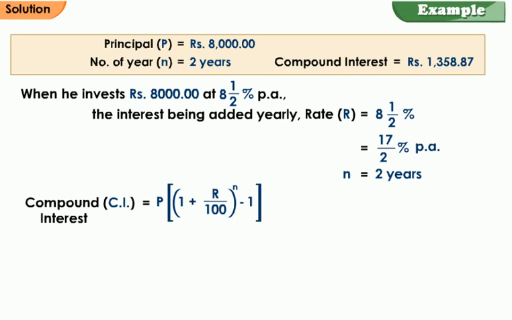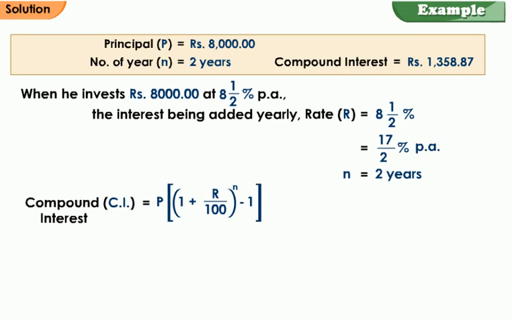Students, now let us substitute the given values, and we write rupees 8,000 into (1 plus 17 by 200) whole to the power 2 minus 1.